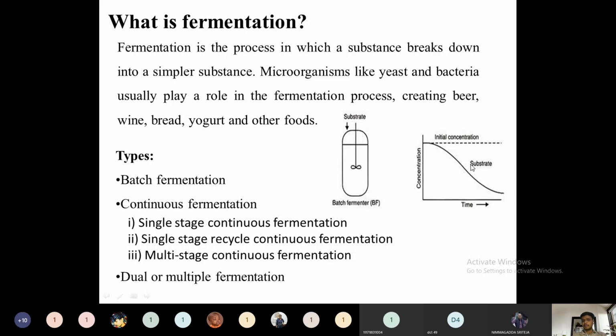In chemical technology we say reactant, whereas in enzymes or microbiology, we say substrate. So the substrate concentration will decrease from the initially high concentration to a lower concentration as time increases. This is regarding the batch fermentation process.